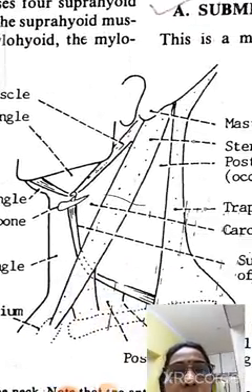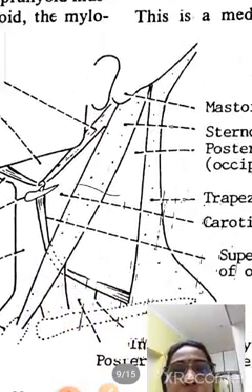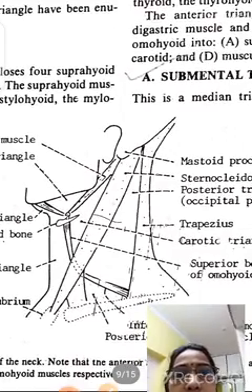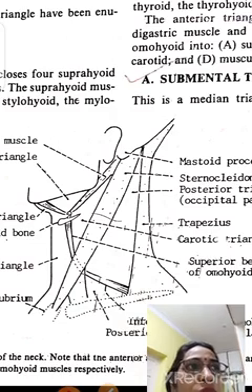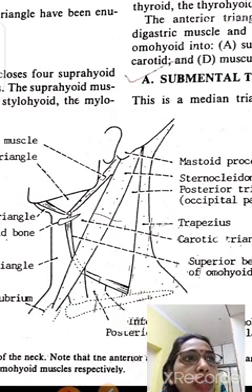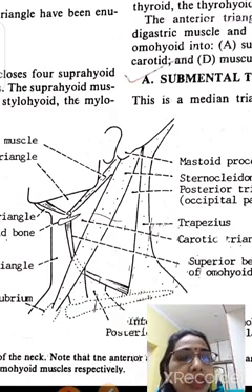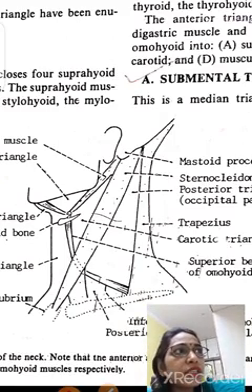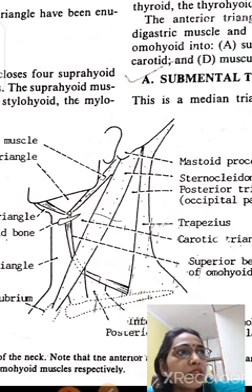Now what is the carotid triangle and its boundaries? The carotid triangle provides a good view of all the large vessels and nerves of the neck, particularly when its posterior boundary is retracted slightly backwards.